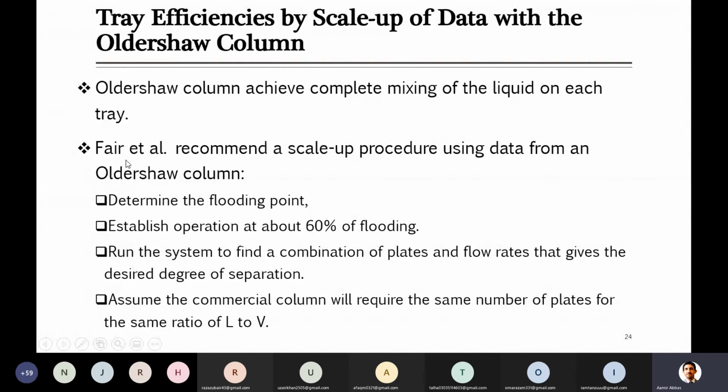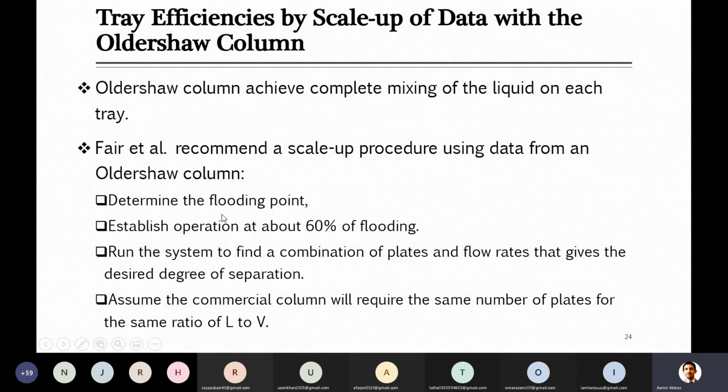Then, how do we use the data predicted by this method for designing a large scale column? That is to determine the flooding point. First of all, by using this column or this Oldershaw method, we have to determine the flooding point, and we will start this in the next lecture, flooding velocity determination.